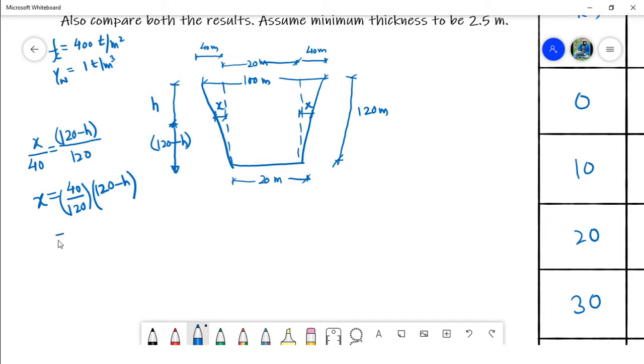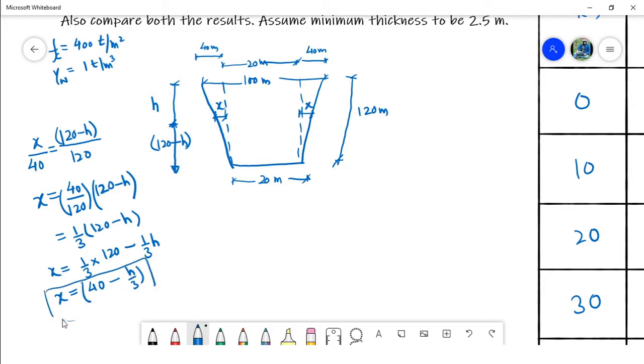On simplification, x will be equal to 1/3 of 120 minus 1/3 of h. So x will be 40 minus h by 3.